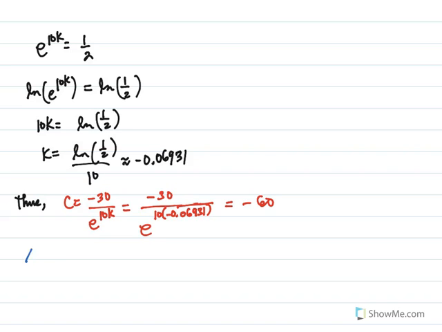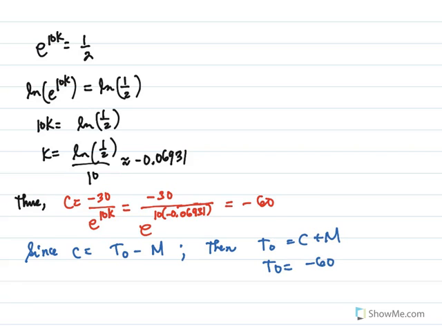And since C is equal to T naught minus M, then T naught equals C plus M. So T naught is equal to negative 60, nakuha natin dito na value for C, plus the constant temperature of the surrounding medium, which is 30. Hence, your T naught, the initial temperature, is equal to negative 30 degrees Fahrenheit.